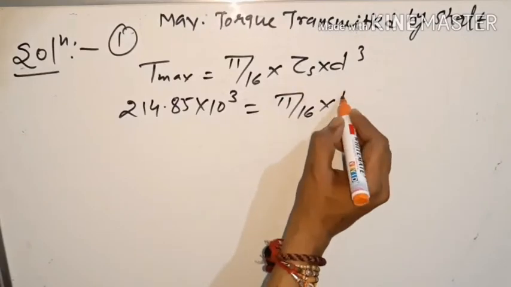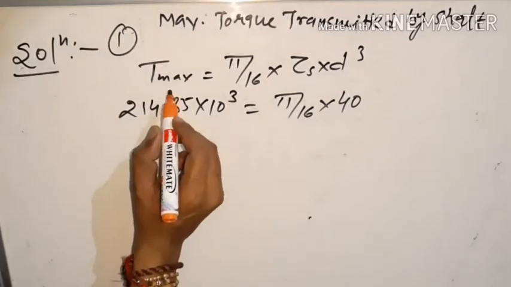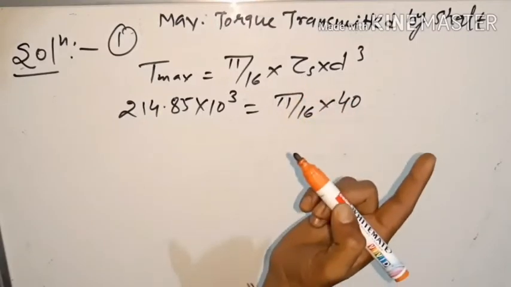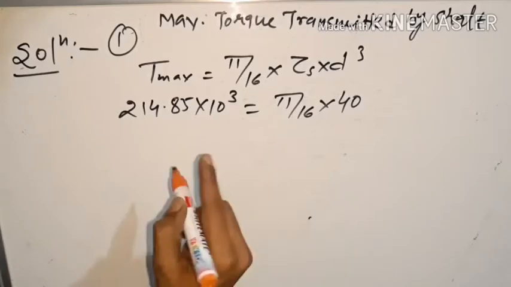And what is the value of tau s? It is about 40 megapascal. No need to change the units, because we use T maximum in Newton mm, and megapascal is equal to Newton per mm square.